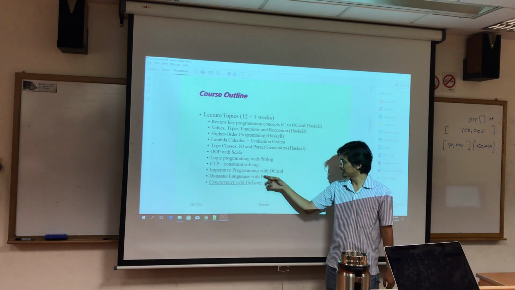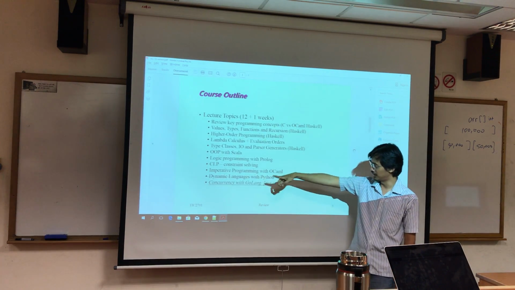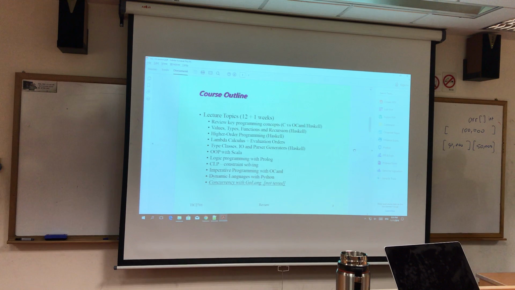I think this is an old version where they typically teach you Python, but I don't think there's enough time to cover that, so I just crossed it. It was already crossed when I modified this slide, so you don't really miss much. Concurrency with Golang is not tested.